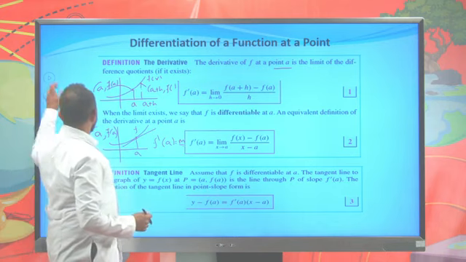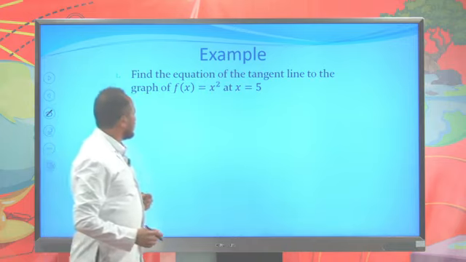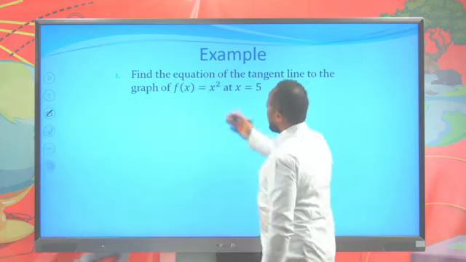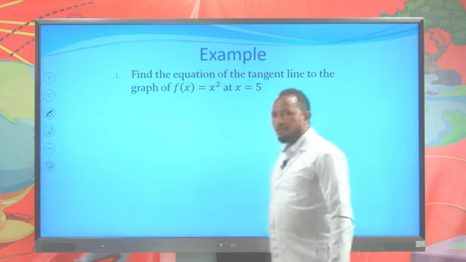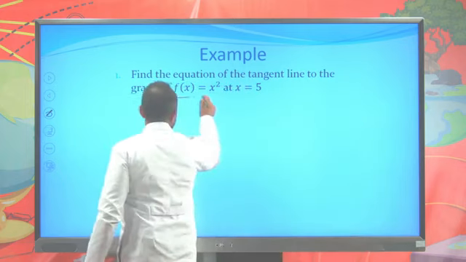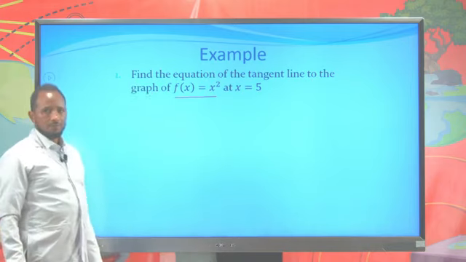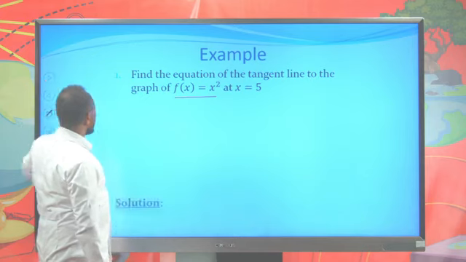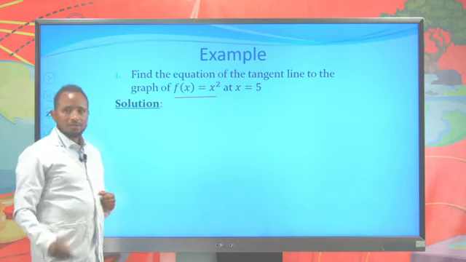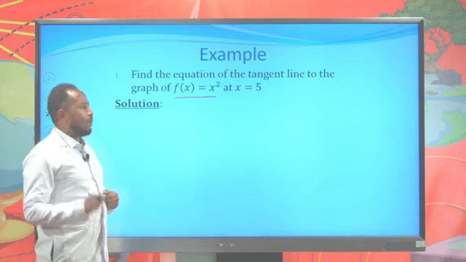So now let's see an example for this concept. Look, this question is given. Find the equation of the tangent line to the graph of f of x equals x squared at x equals 5. To write the tangent line equation, first I need the slope. The slope is simply the derivative of that function at that point.